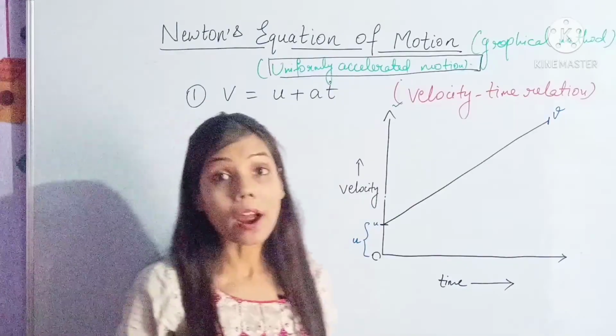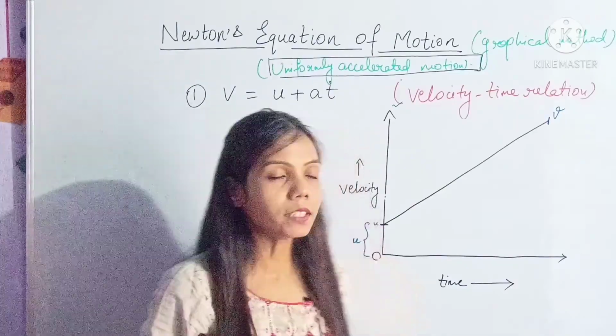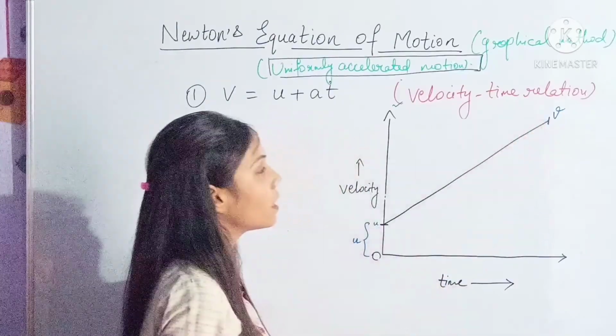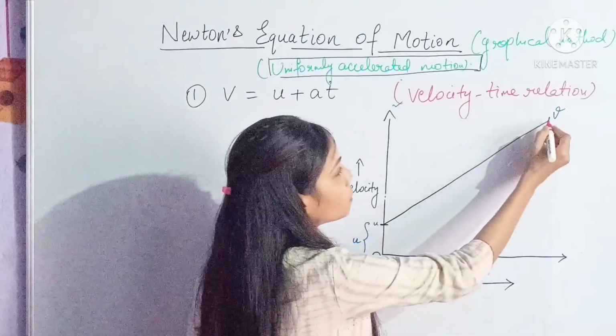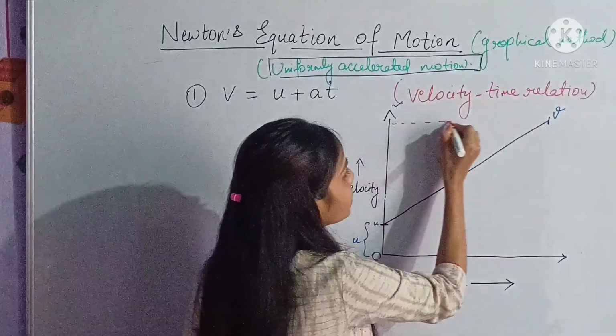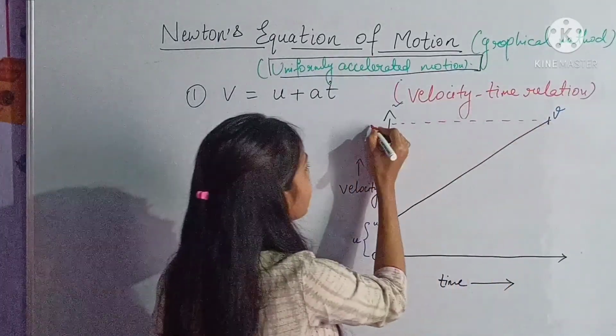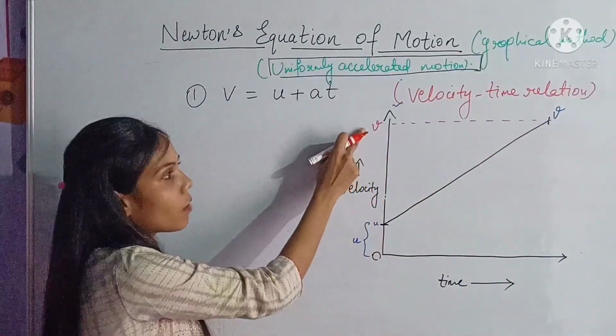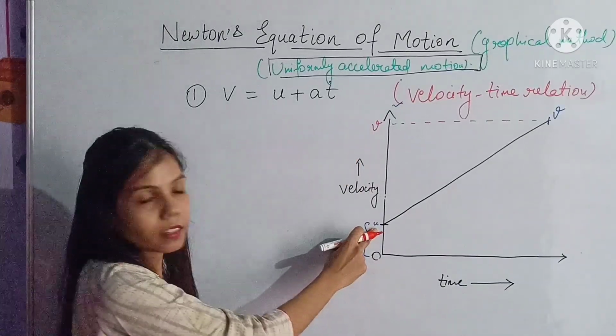Now, this is our final point, so we will match this point with the velocity axis. So in this axis, this is our final velocity, this is our initial velocity.